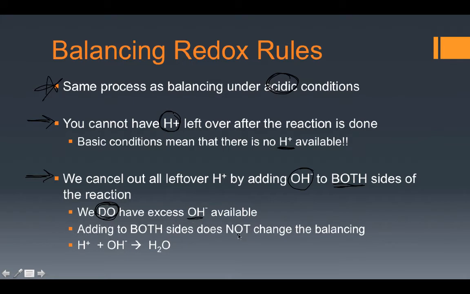Adding to both sides does not change the balancing, which is why we had the same number of OH-. And the reason we do this is because the OH- cancel out the H+ and turn them into H2O. What we're left with is all of our H+ canceled out and gone. We'll have an excess number of OH- somewhere in the reaction, and we'll have an excess number of water somewhere in the reaction, all of which is okay when you're dealing with basic conditions.